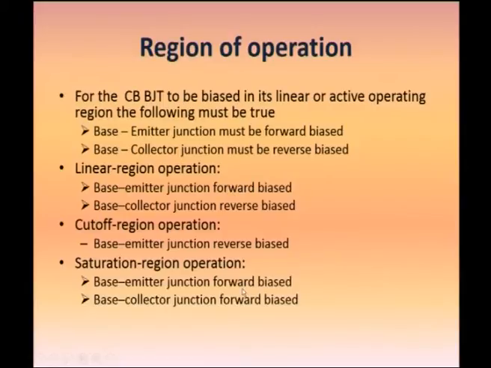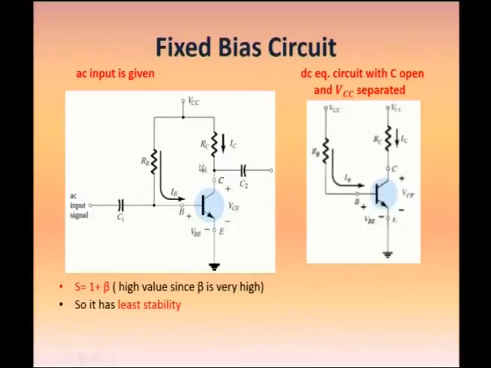So, once the bias is given, we have to choose the operating point, and we have to stabilize the operating point at a constant value, for which you have to have a bias circuit, so that we can find out the stability factor of this particular circuit, and finally, we had a conclusion of which bias circuit is preferable for stabilizing the amplifier circuit.